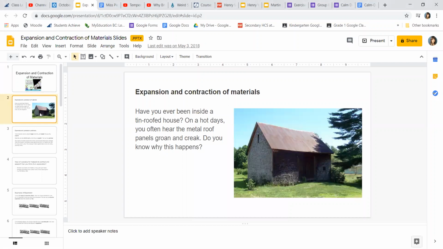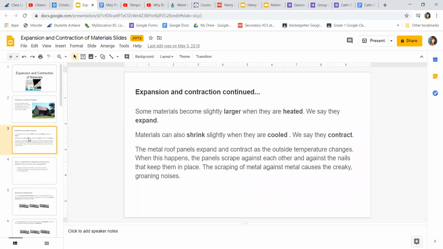With extreme temperatures, especially if it's gotten really hot outside, let's say if you had a tin roofed house, you would hear those roof panels starting to groan and creak. That has to do with expansion. Not all materials, but some materials will become slightly larger when they're heated, which means they're expanding.